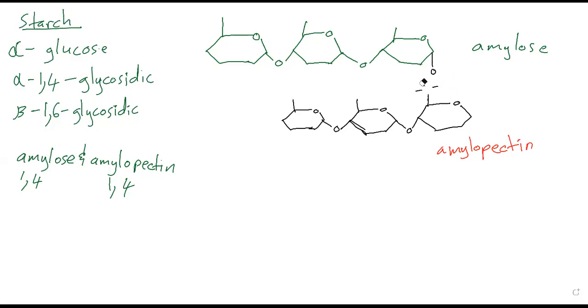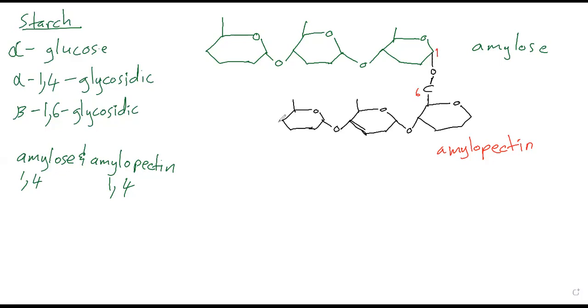All right, so let me just do it now. This carbon will be bonded to this oxygen. This is carbon 6, and this carbon is carbon 1. So that is how you get 1,6 in starch.